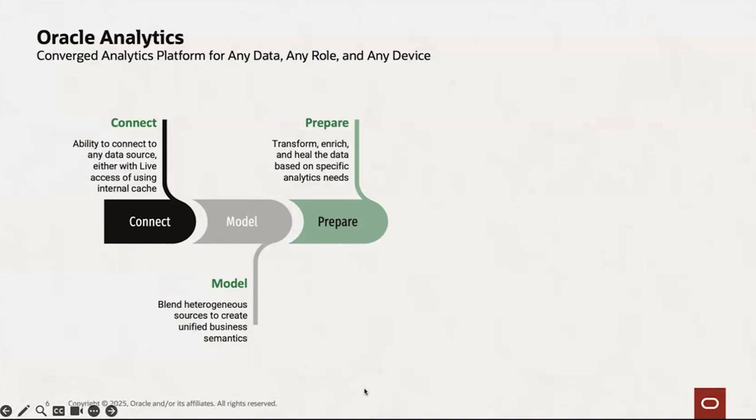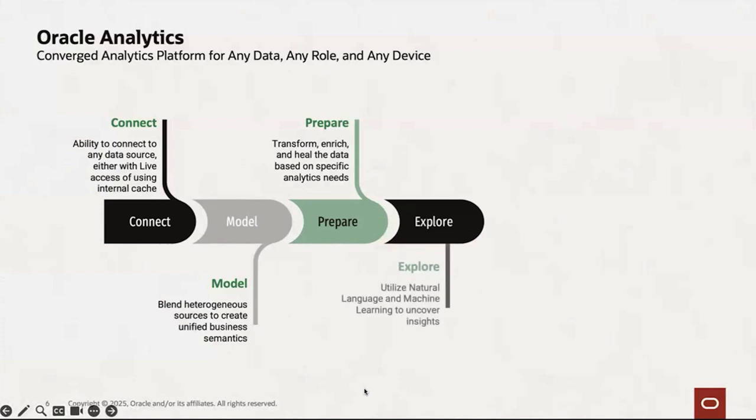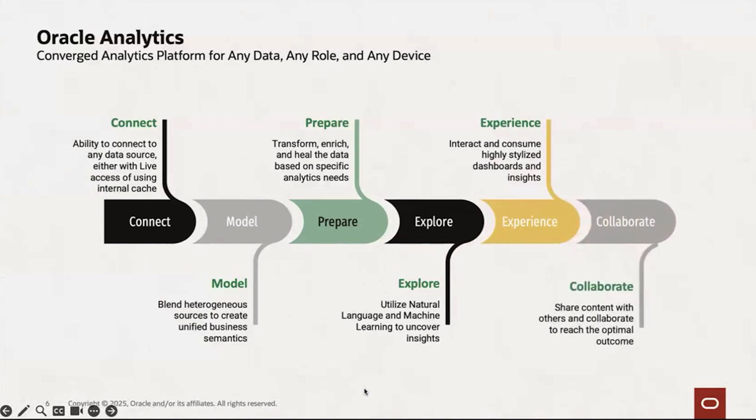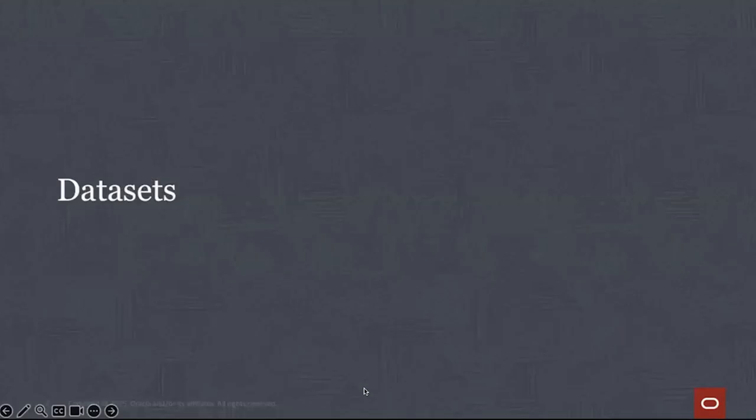This stage is where Pete will be spending most of the session in that datasets section. Next, then you'll have your more business-centric tasks like exploring the data, making insights. It allows you to create visual stories as an experience, and then the ability to share through collaboration with your different colleagues.